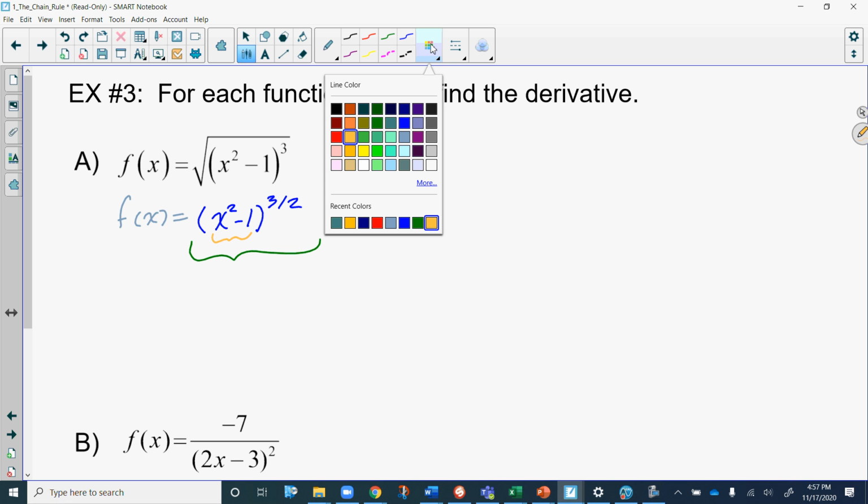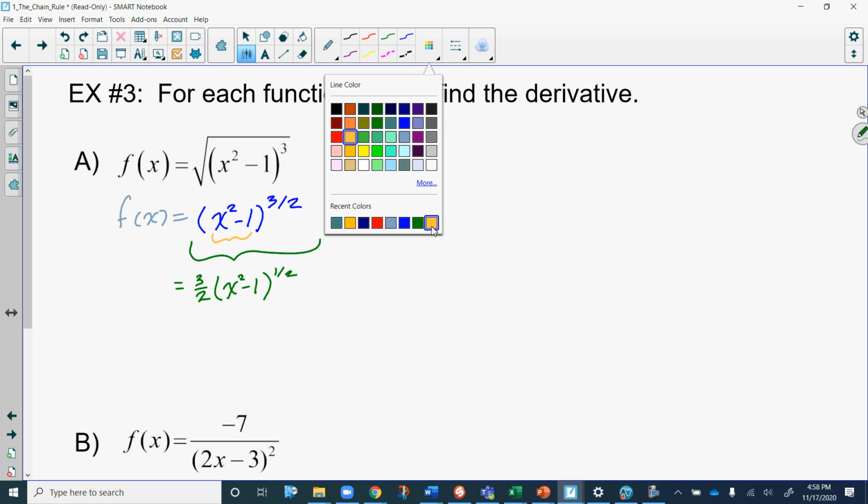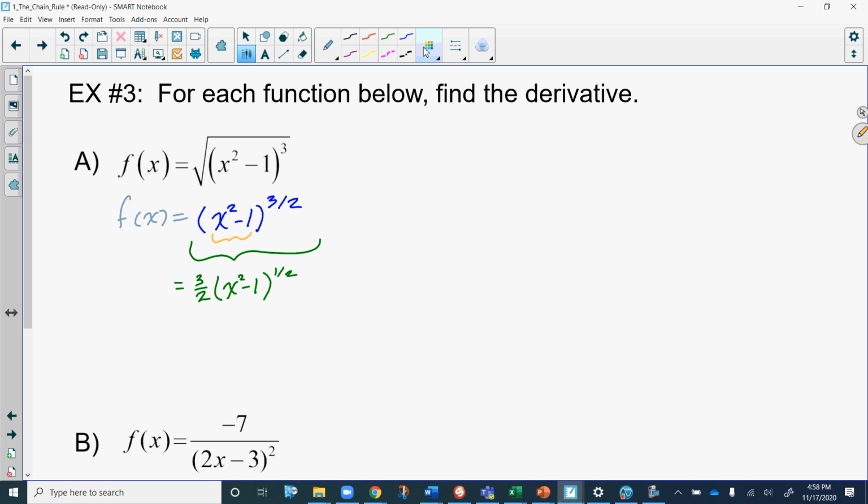So the derivative of the whole thing, using the power rule, will be 3/2 times x squared minus 1, and we subtract the exponent by 1, and so that's going to put me to the 1/2 power. So that's the derivative of the whole thing. Now we take the derivative of just the inside bit, which would be 2x.